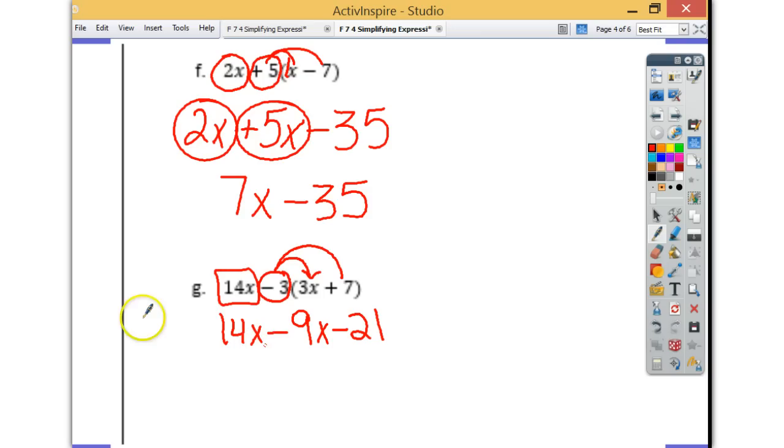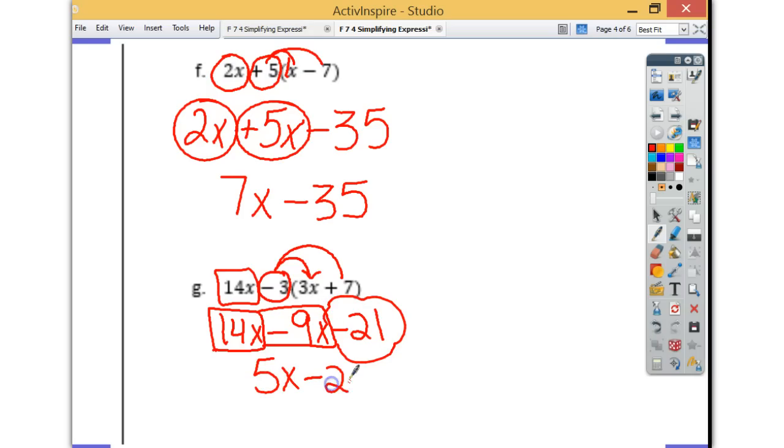Now I can simplify. I got rid of my parentheses, so I simplify: I've got a positive 14x and a negative 9x, which ends up giving me 5x, and then don't forget, bring down your constant, minus 21. 5x minus 21.